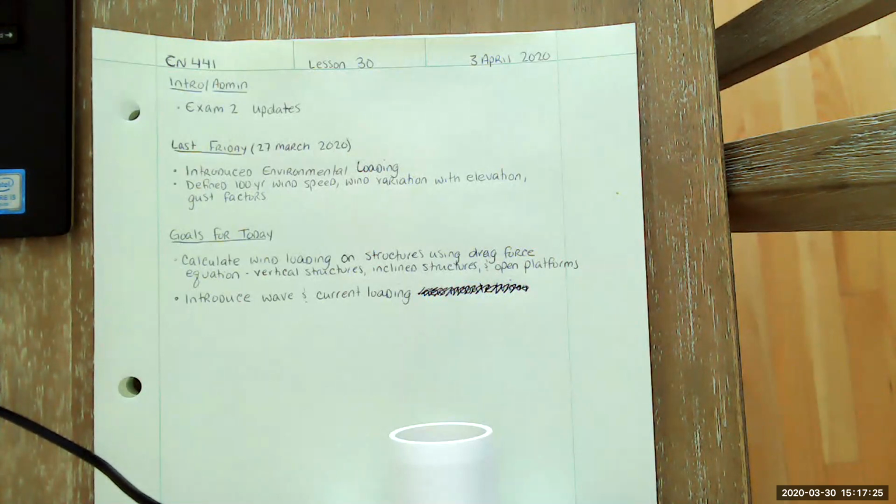We'll also introduce wave, mostly just wave properties today, but that's going to segue into wave and current loading. Full disclosure, you could probably teach this lesson yourself on waves based on your expertise from EN 475, so what we're doing here will probably be a bit of a review. Anyway, let's go ahead and get started.